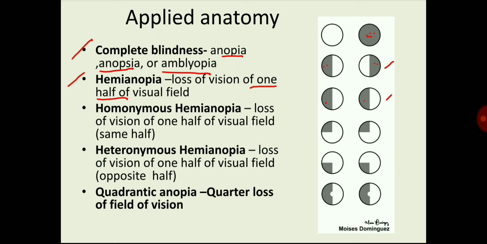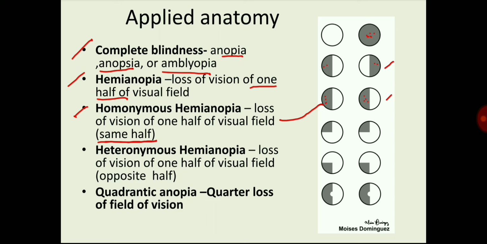Now hemianopia can be either homonymous or heteronymous. So what is homonymous? Homonymous means loss of vision of the same half. So if it is the same half, like in this image, here the left half of the visual field of both eyes is affected, so it is homonymous hemianopia.